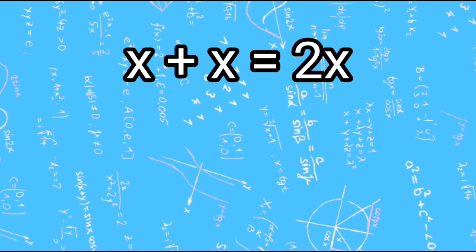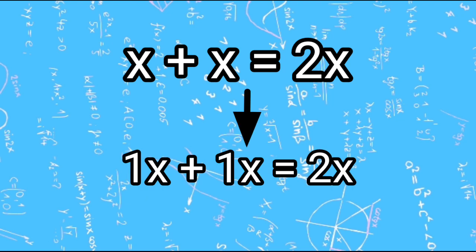As mentioned, x plus x is equal to 2x. Adding two variables is easy. You only have to add the two numerical coefficients that are located beside the variable.